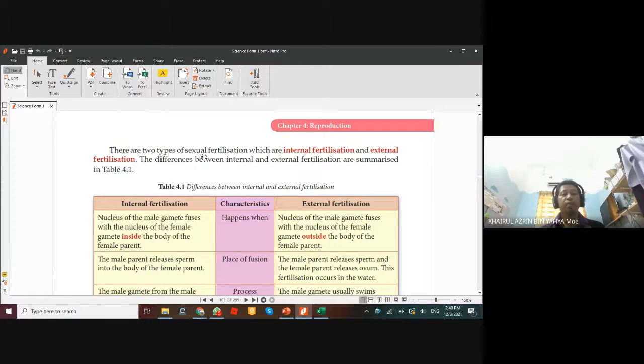There are two types of sexual fertilization, which are internal fertilization and external fertilization. The differences between internal and external fertilization are summarized in the table below.